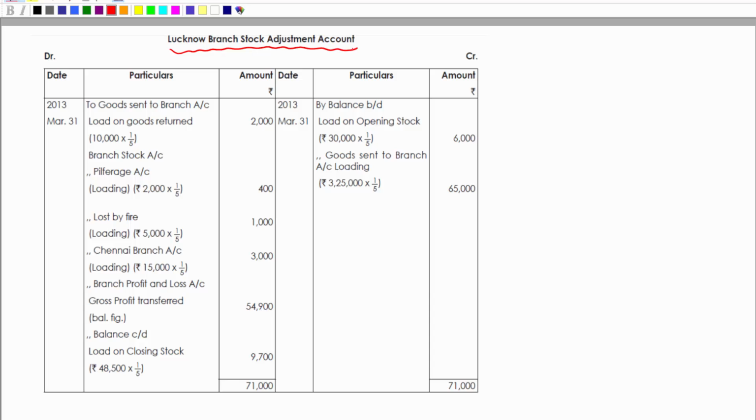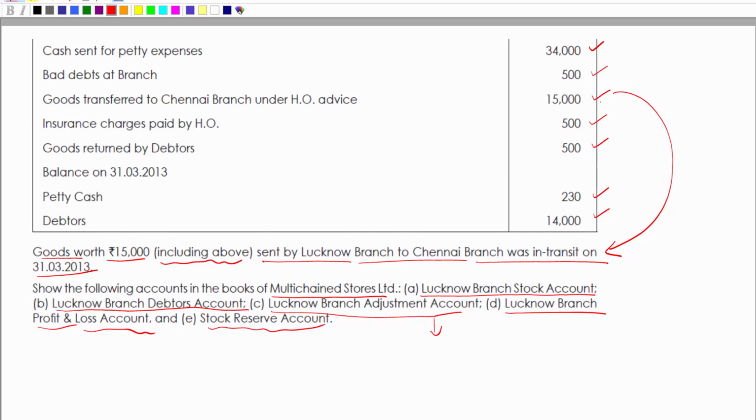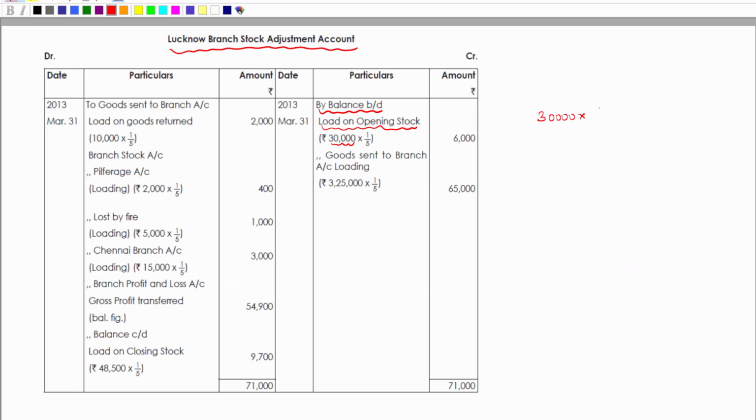In the opening balance we'll say on credit side by balance brought down, the loading on opening stock, 30,000 multiplied by 25 divided by 125, which is nothing but 1 divided by 5. 30,000 multiplied by 1 divided by 5 gives you 6,000.